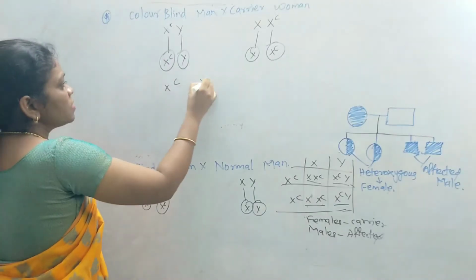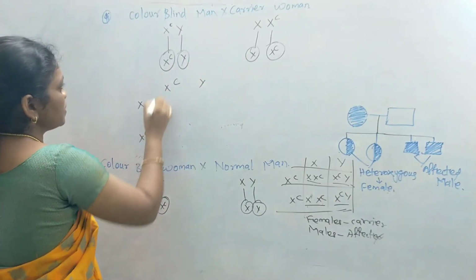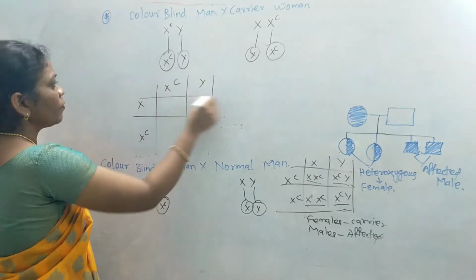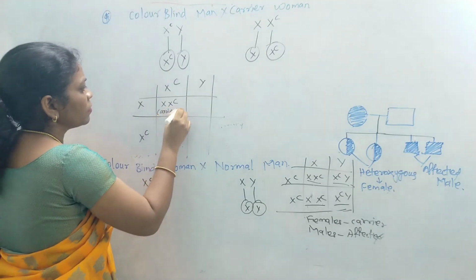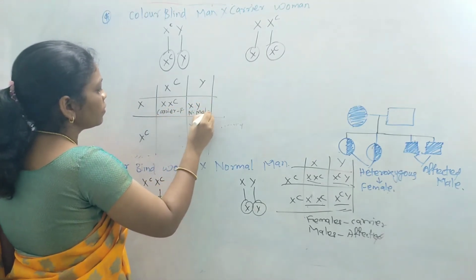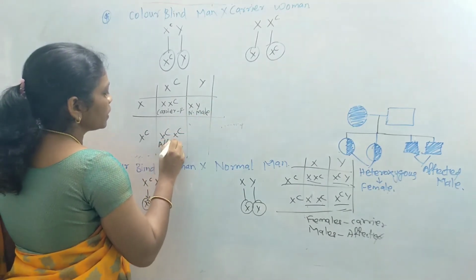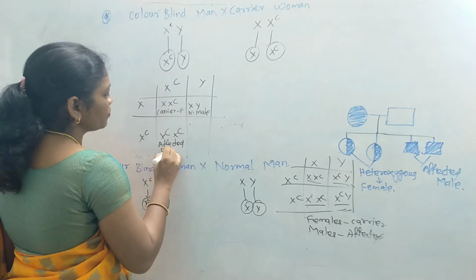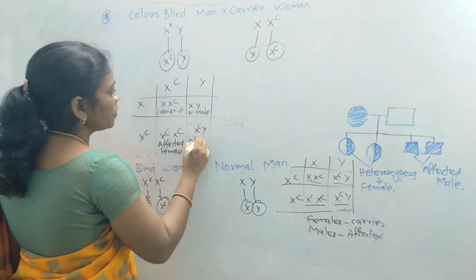Again Punnett square, XCY, XXC. Here it is carrier female, here normal male, here affected female, and here affected male.